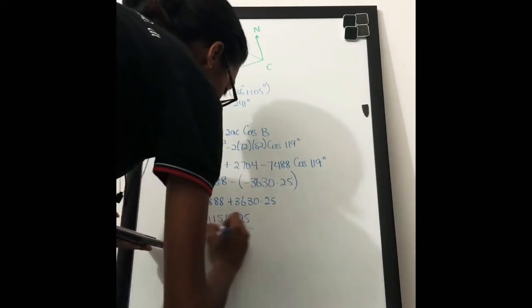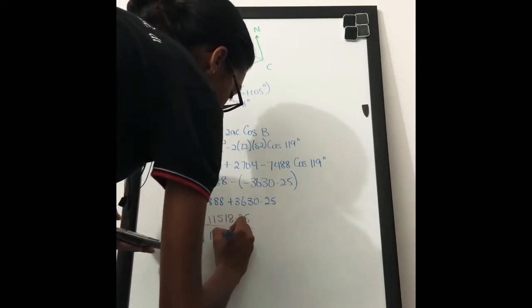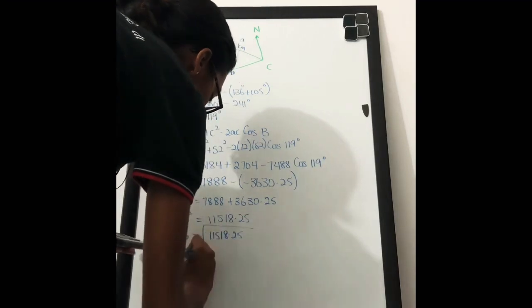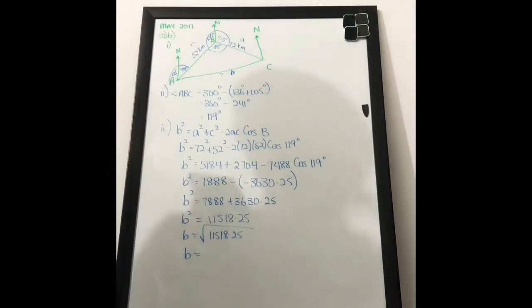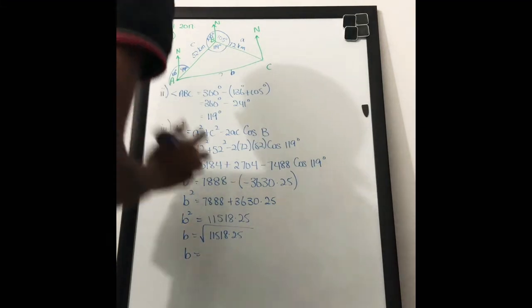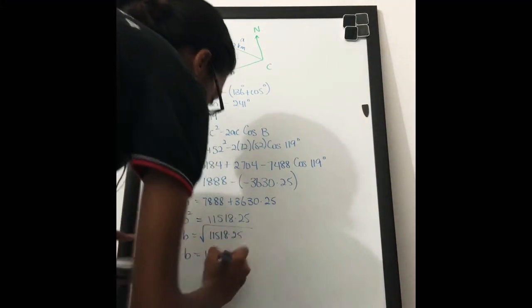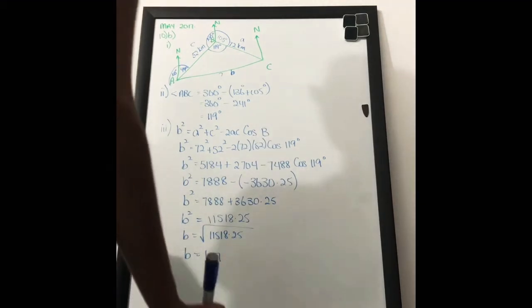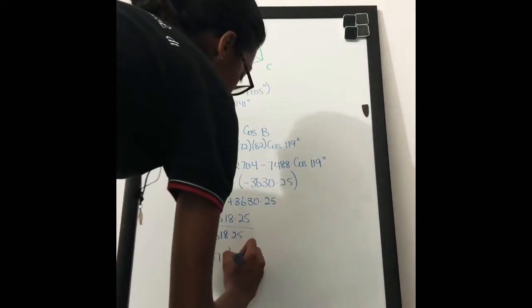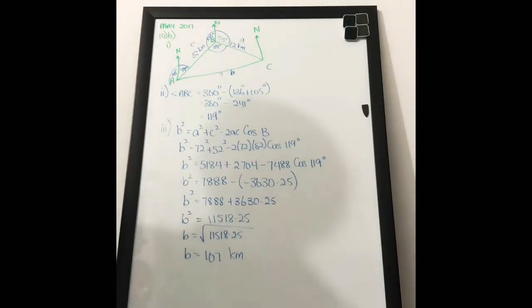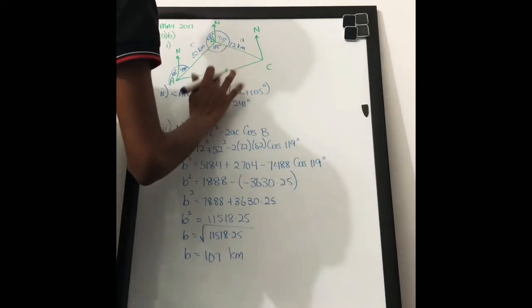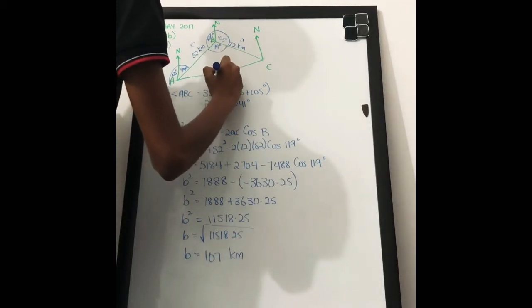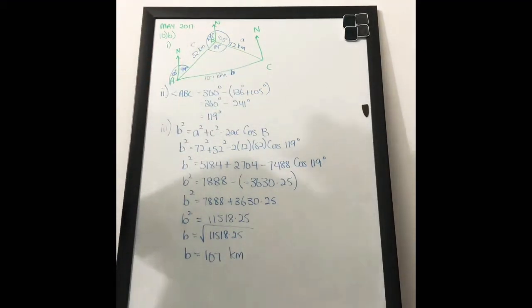B would then be the square root of 11518.25, which is equal to 107, they said to the nearest kilometer. So it'd be 107 kilometers. So we could replace this here. This would be 107 kilometers.